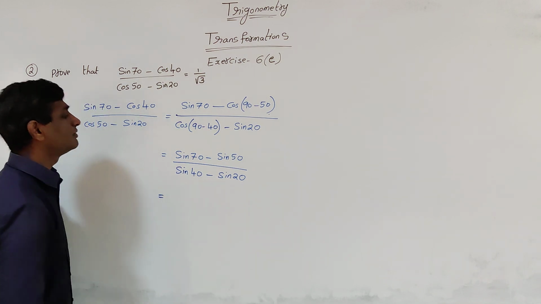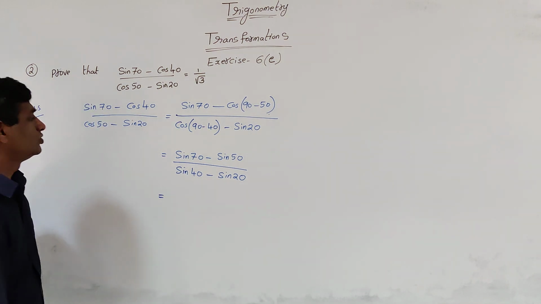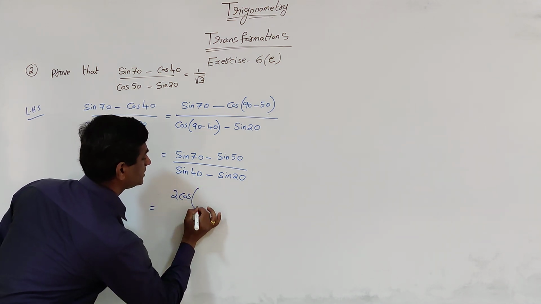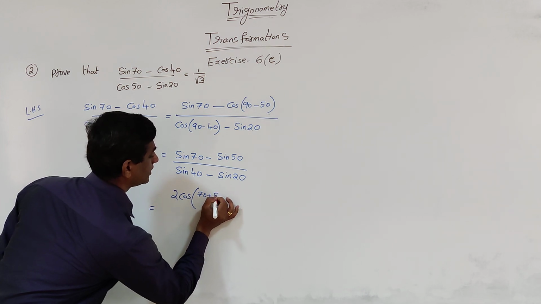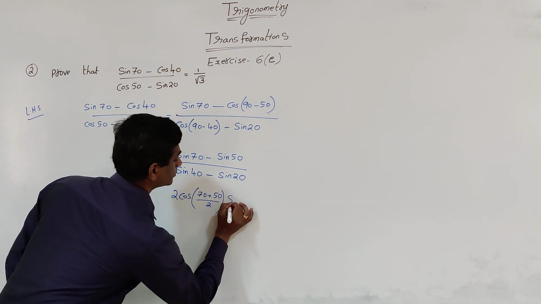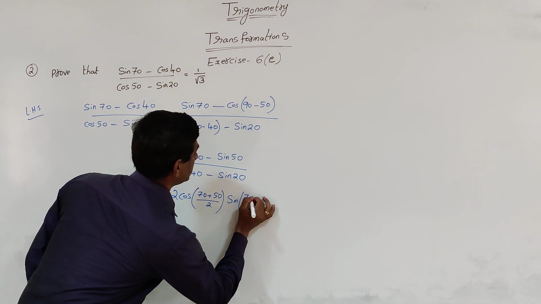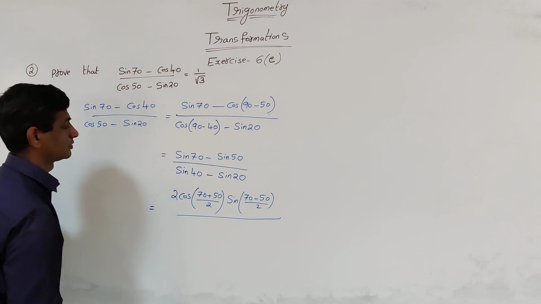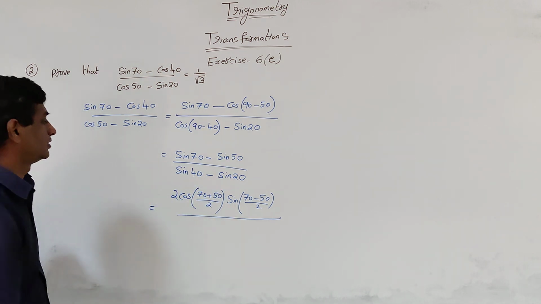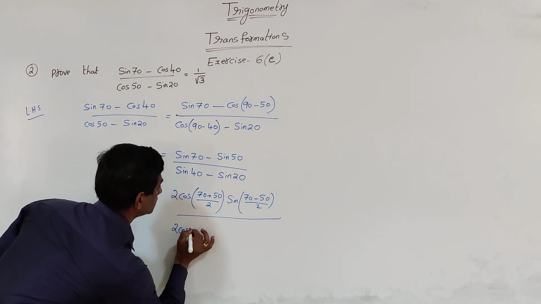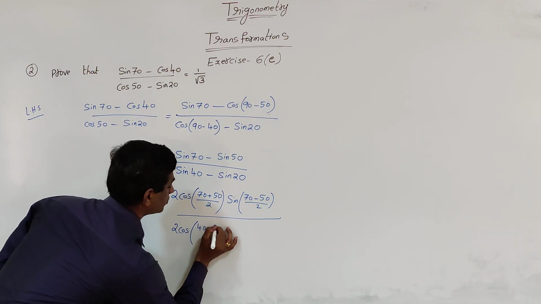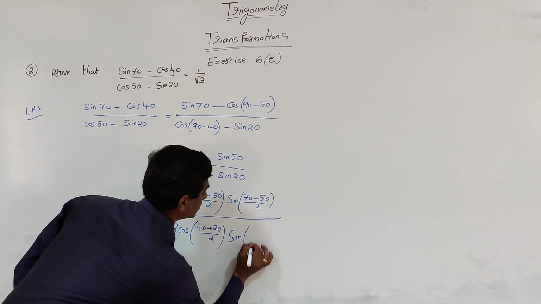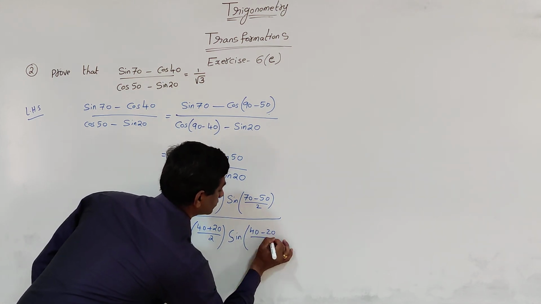So what is sin C minus sin D? It is 2 cos (C plus D) by 2, that is (70 plus 50) by 2, into sin of (70 minus 50) by 2, upon again 2 cos of (C plus D) by 2, (40 plus 20) by 2, into sin of (40 minus 20) by 2.